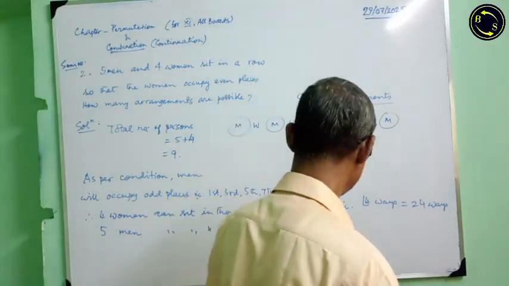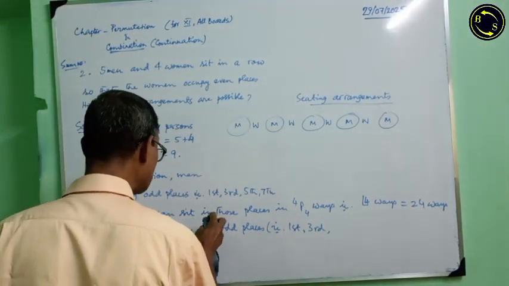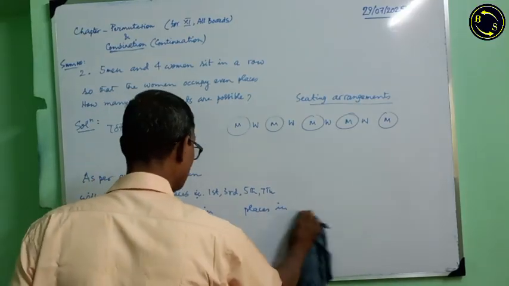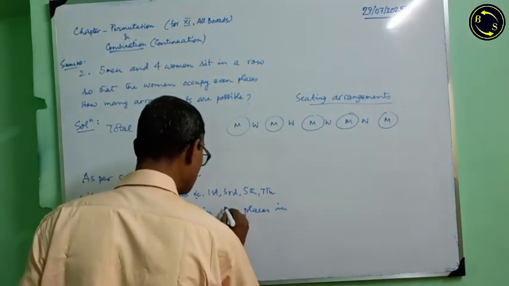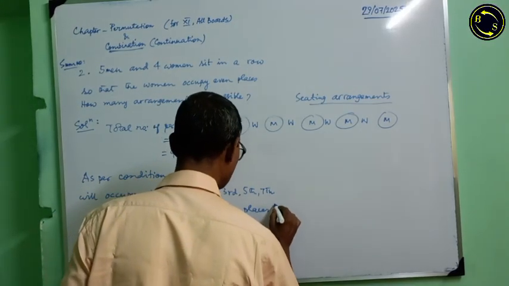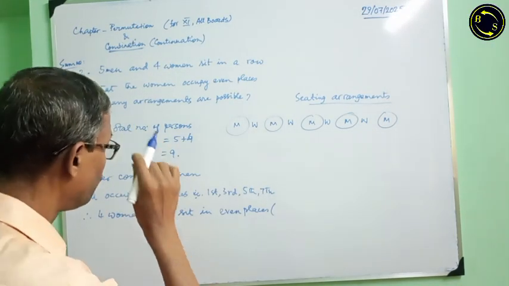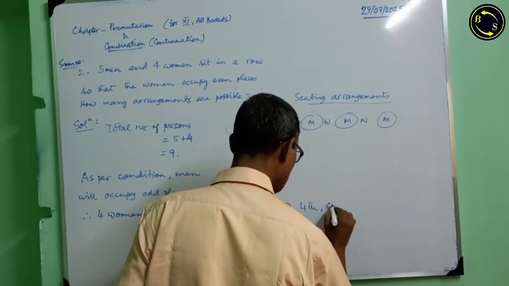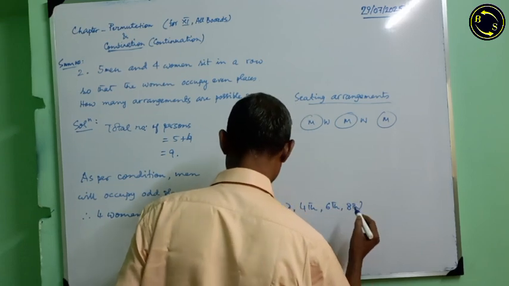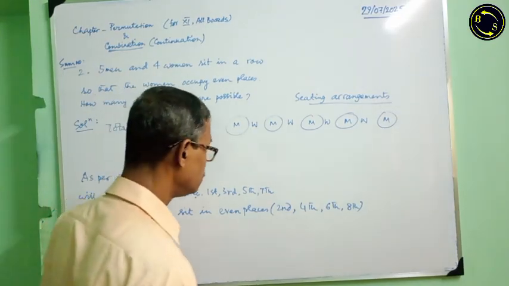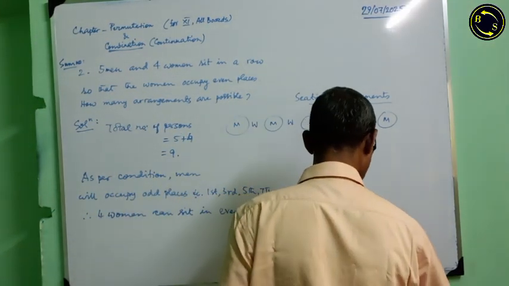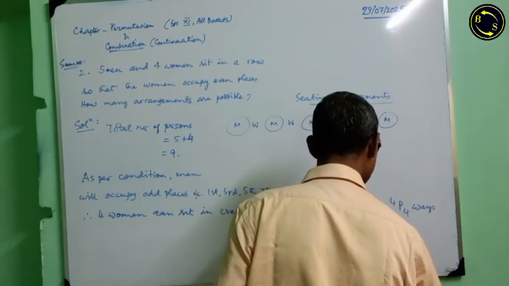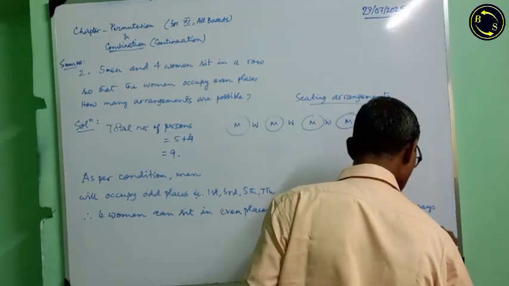Sorry, I have mentioned here wrongly. Four women can sit in even places, second, fourth, sixth, eighth, in 4 ways, that is factorial 4 ways, 24 ways.